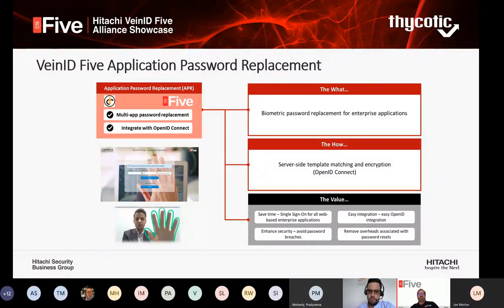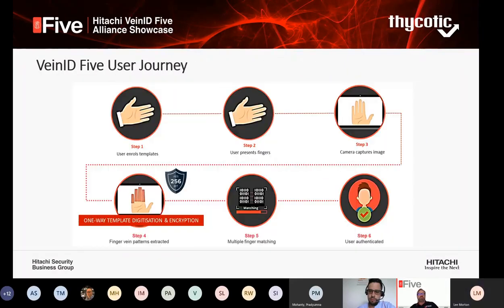So sorry, next slide, Lee. Right. So the way we do that is the user holds up their hand to the laptop camera. Vein ID 5 scans their fingers, creates a unique one-way digital template. From that, this is stored with encryption to ensure it is completely specific to the way that's been captured.